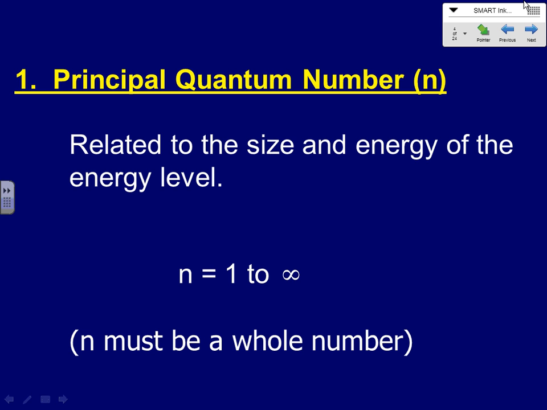So the first orbit, n equals 1. First level. The second orbit, n equals 2. Just like with Bohr's energy levels, the first orbit can hold 2 electrons.